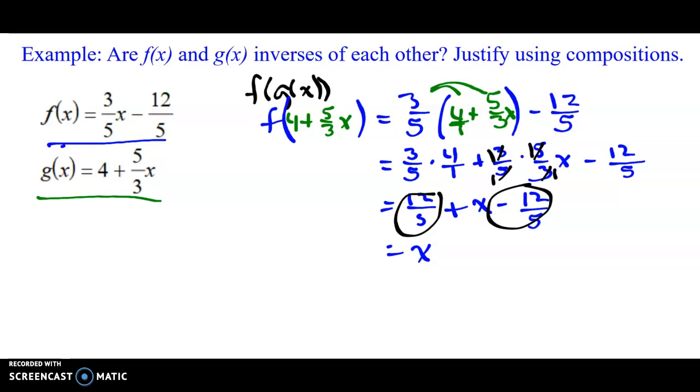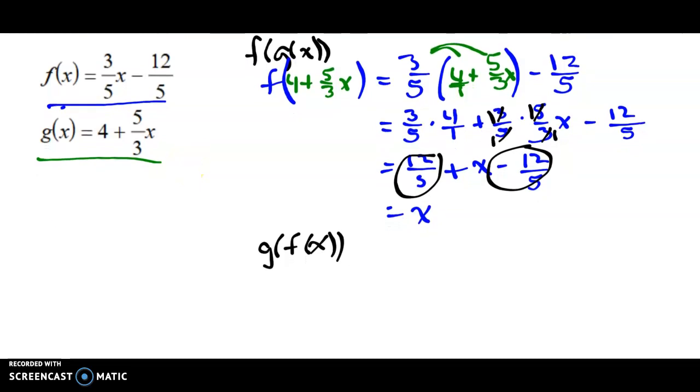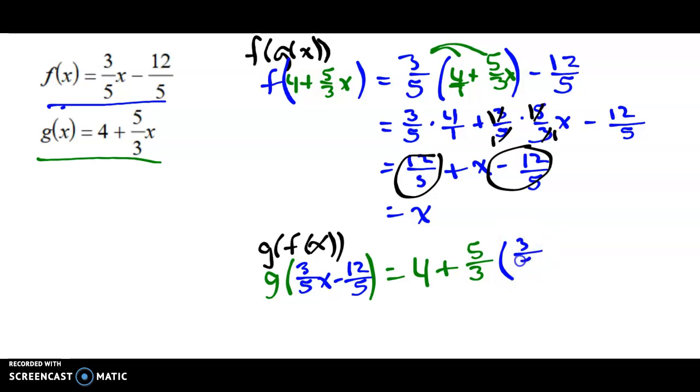Now we got to prove our next composition, g of f of x. So now we start with our function f of x, which is 3/5 x minus 12/5. And that's going to go into our function g, which is 4 plus 5/3 times f, which is 3/5 x minus 12/5.